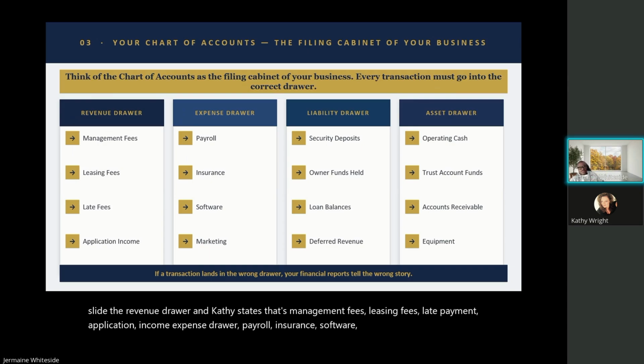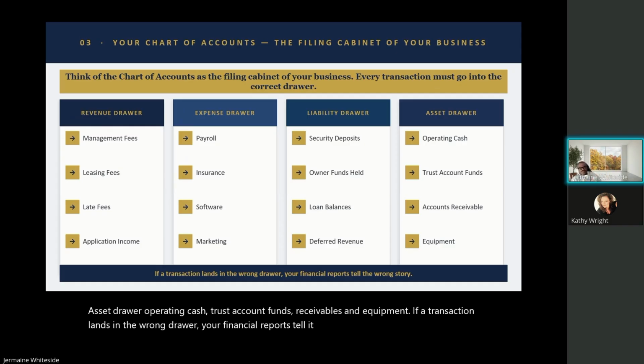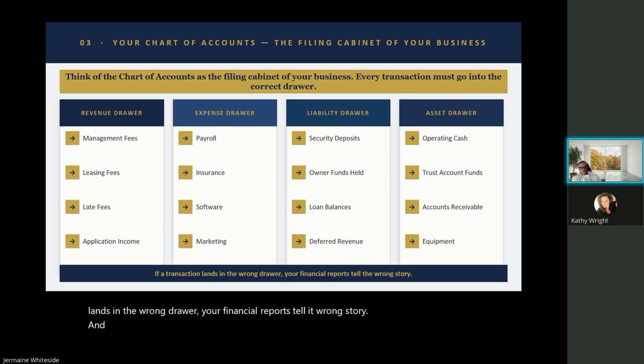Liability drawer: security deposits held, owner funds, loan balances. Asset drawer: operating cash, trust account funds, receivables, and equipment. If a transaction lands in the wrong drawer, your financial reports tell a wrong story. And the decisions made from the wrong story lead to the wrong outcomes.